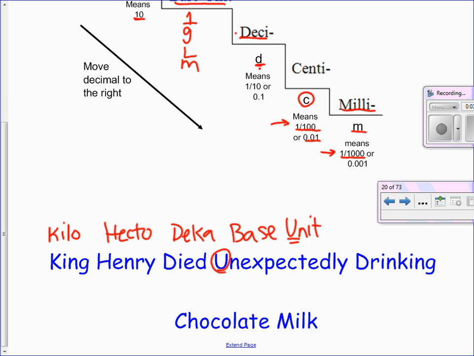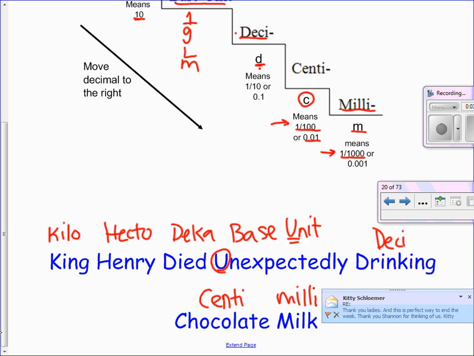Drinking is your deci, chocolate's your centi, and milk is your milli. So that's to help you remember the order of them as we get into converting between, let's say, a kilometer and a millimeter. You might have to do that. King Henry died unexpectedly drinking chocolate milk will help you remember that.